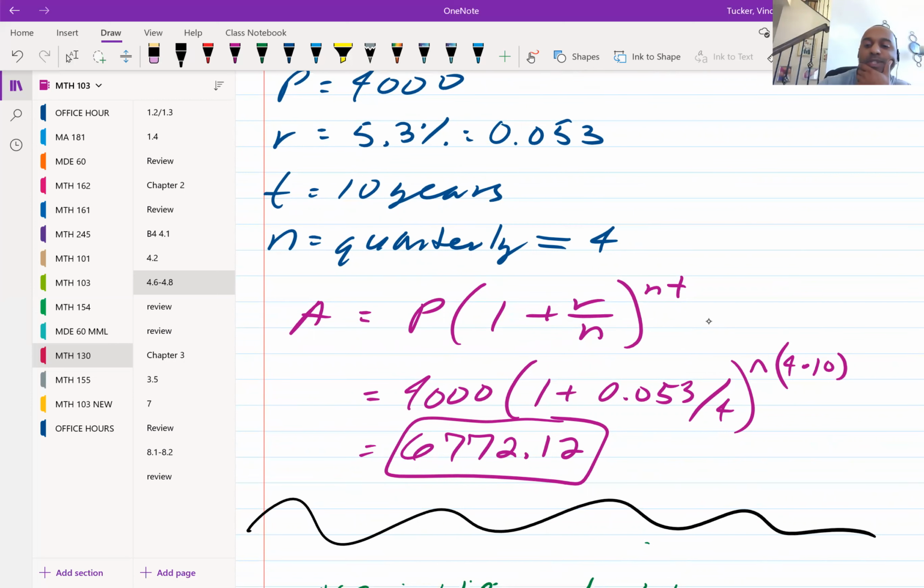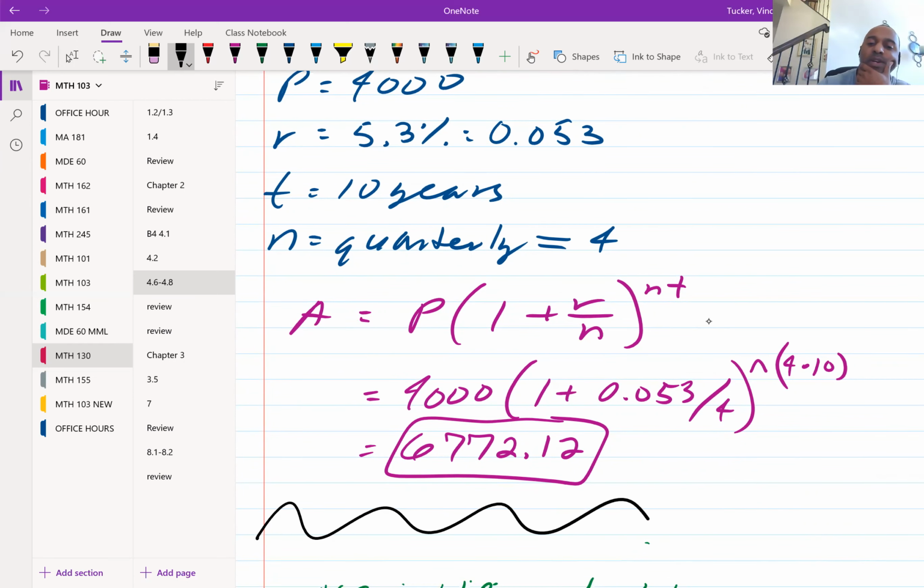Some questions may not have been generated today because we were just talking about it for the first time. But next class, I'll open the floor for whatever questions you guys have. That's it for chapter 10. It's basically about plugging into these formulas and making sure you know how to use your calculator.